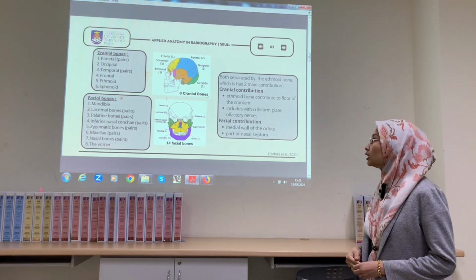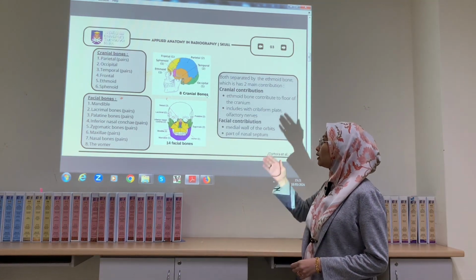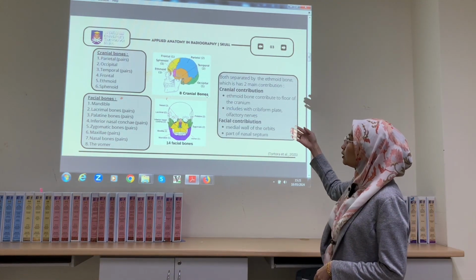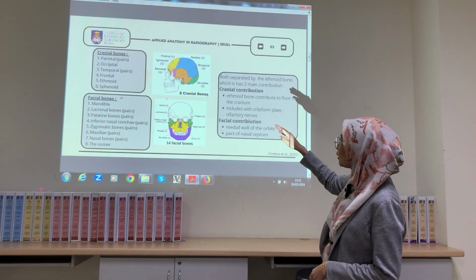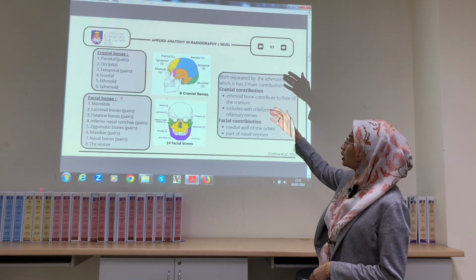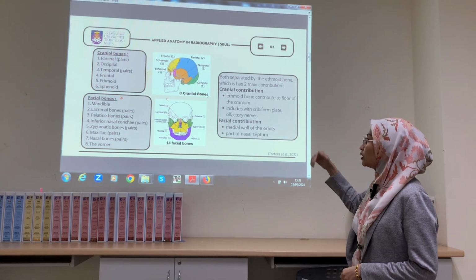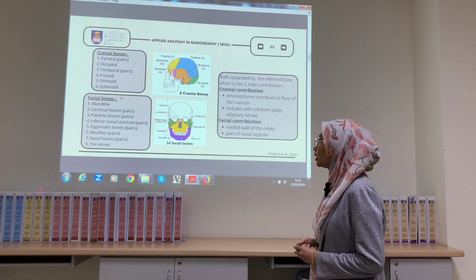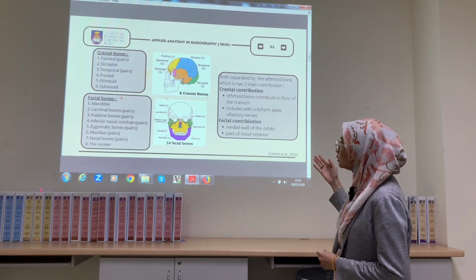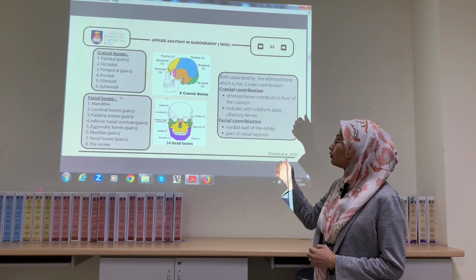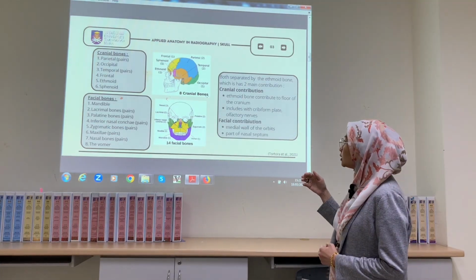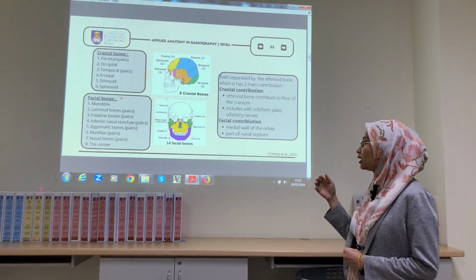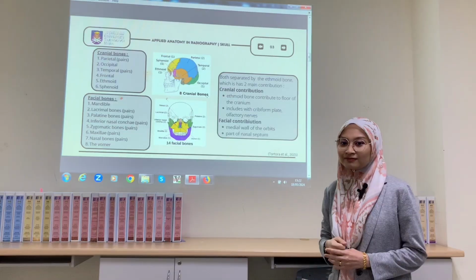The cranial bones consist of parietal pairs, occipital, temporal, frontal, ethmoid, and sphenoid. The facial bones include mandible, lacrimal bone, palatine bone, inferior nasal concha, zygomatic bone, maxilla, nasal bone, and the vomer.